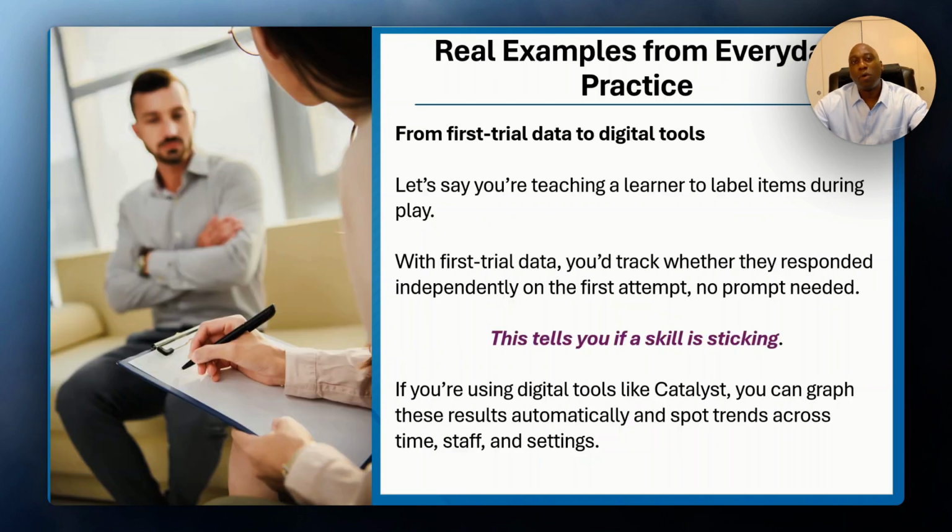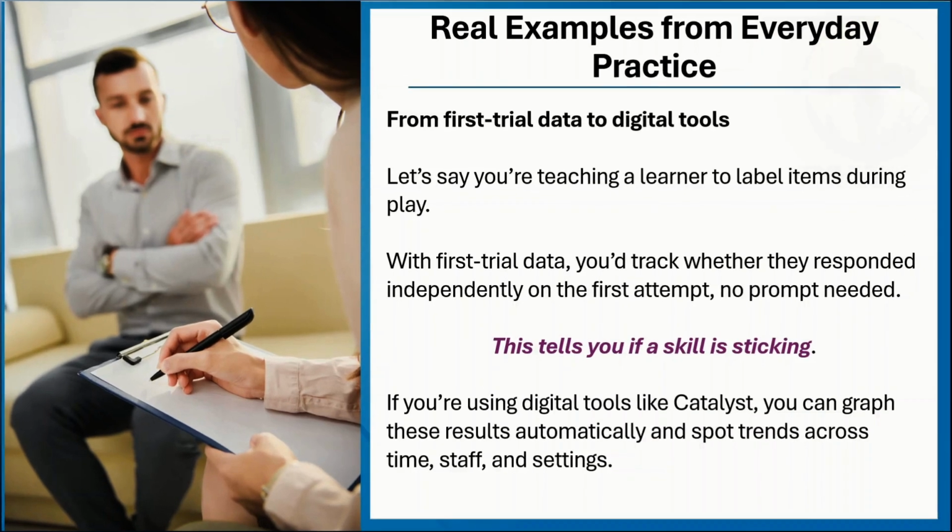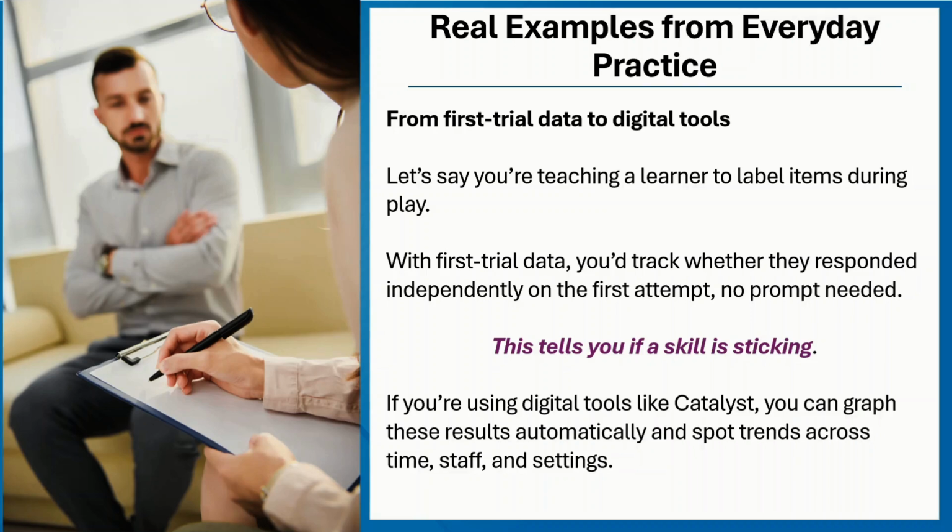Okay, so let us go over some real examples, and this is really where theory meets real life. Suppose you are focused on teaching a learner. Using first trial data helps you measure generalization. Did they respond on their own? Or did they need some kind of prompting? That's crucial for deciding if a skill is mastered.